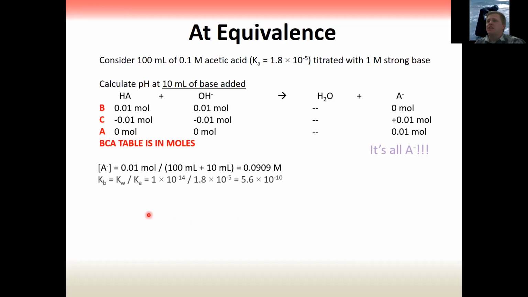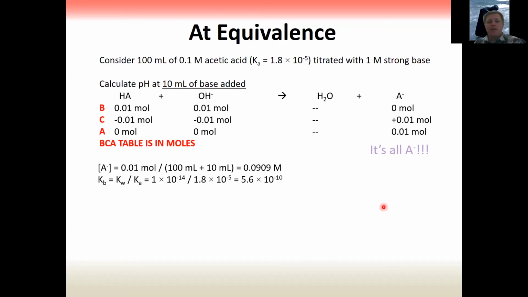So what we actually need to do is calculate our Kb for this conjugate base. If you'll remember, the Kb is equal to Kw divided by the Ka, and we're going to just use 1 times 10 to the negative 14th for Kw here. Then our Ka, of course, is just this value from the question. And so our Kb is going to be 5.6 times 10 to the negative 10.